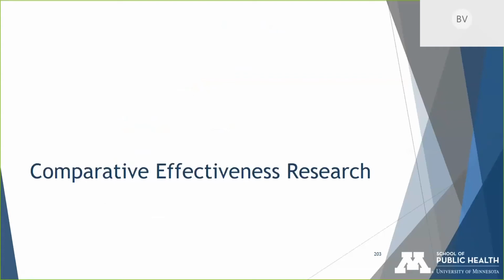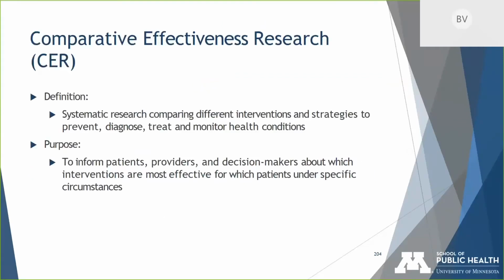Now, comparative effectiveness research is something that people want to do. The definition is systematic research comparing different interventions and strategies to prevent, diagnose, treat and monitor health conditions. And the purpose is to inform patients, providers, and decision makers about which interventions are most effective for which patients under specific circumstances.